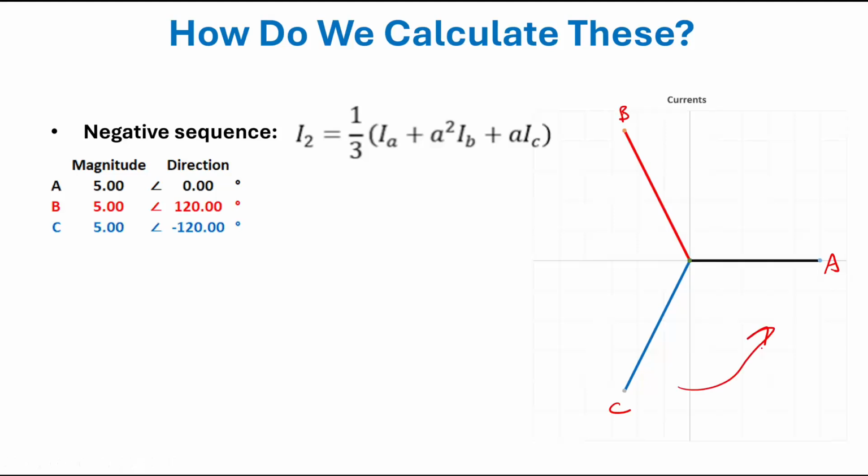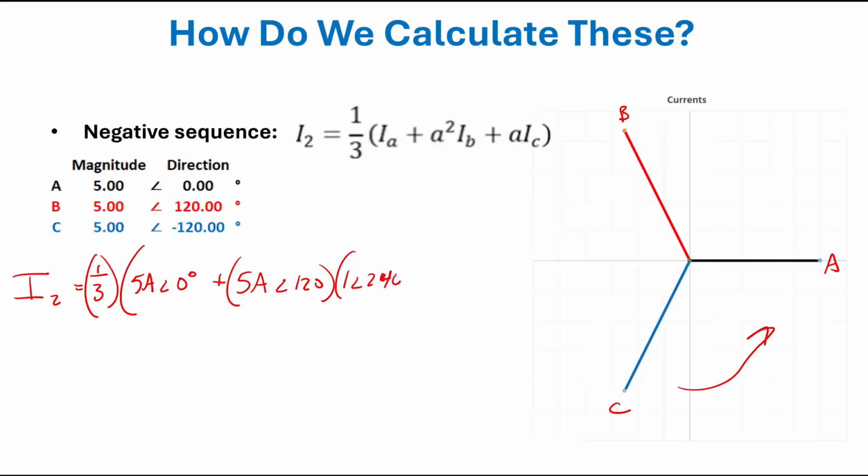And so on this one, it's going to be I2 equals 1/3 times 5 amps at an angle of 0 degrees plus 5 amps at an angle of 120 times alpha squared, which is 1 at an angle of 240, plus 5 amps at an angle of negative 120 times alpha, which is 1 at an angle of 120.